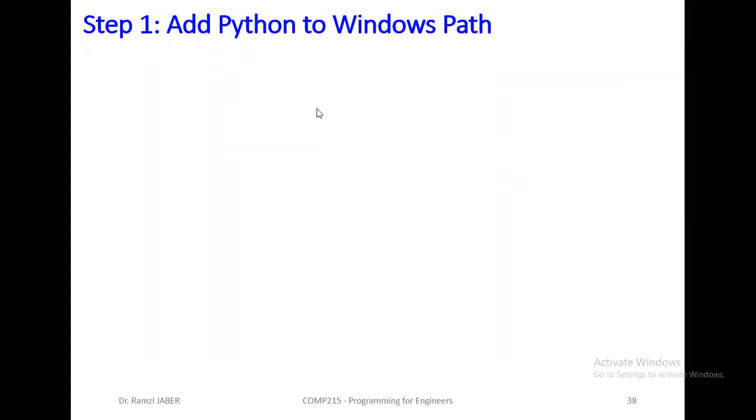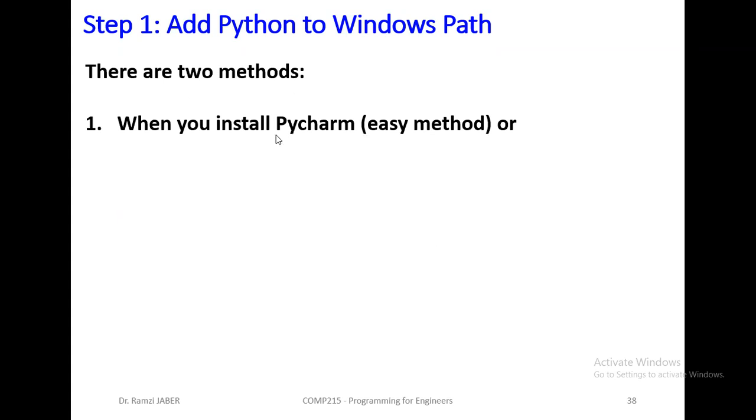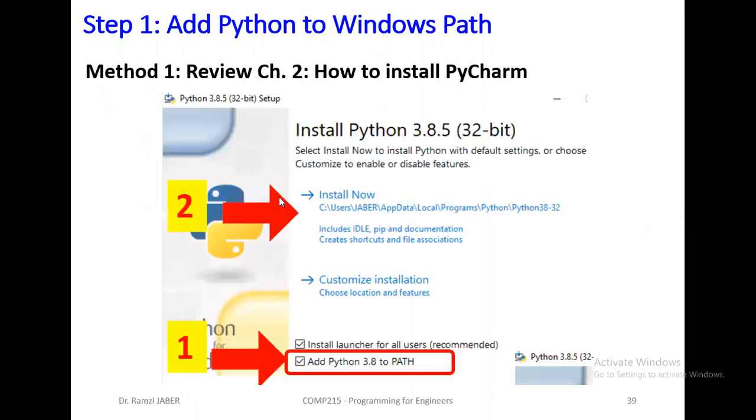add Python to the Windows path. When you install, we have 2 methods. When you install Python, the easy method is to click the checkbox, add Python to your path.